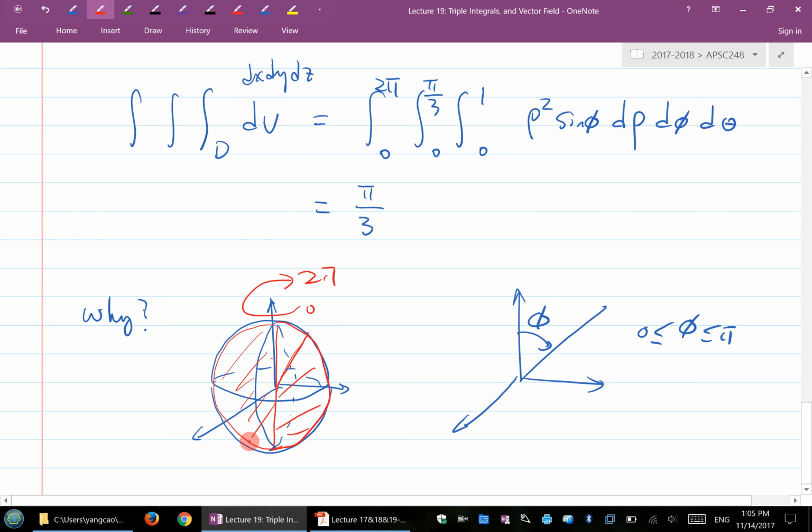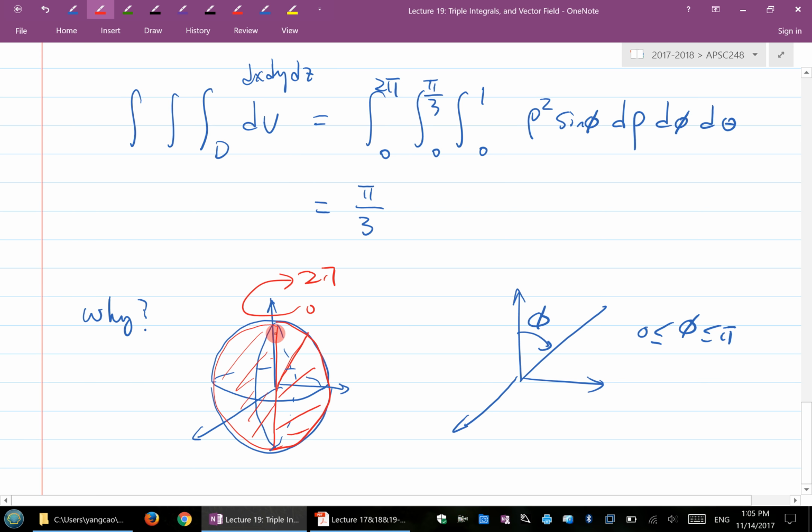Of course, you can argue that instead of sweeping 360 degrees, you can sweep this circle by 180 degrees. Yes, absolutely, no problem at all. However, this is about the mass here, not really just about generating the sphere.